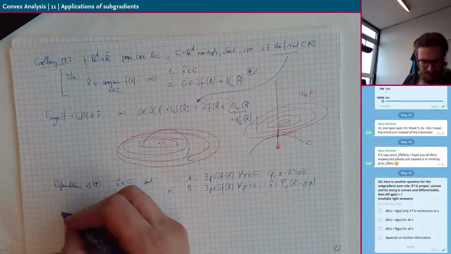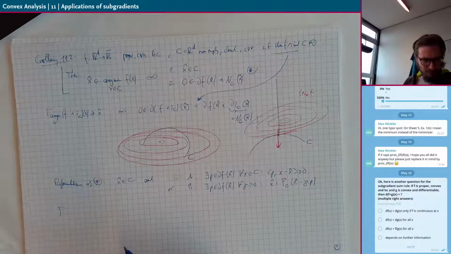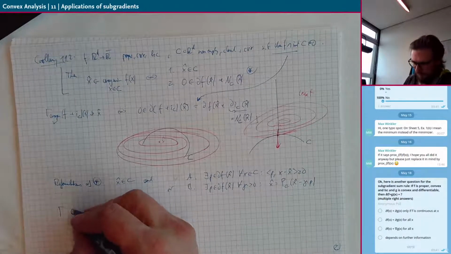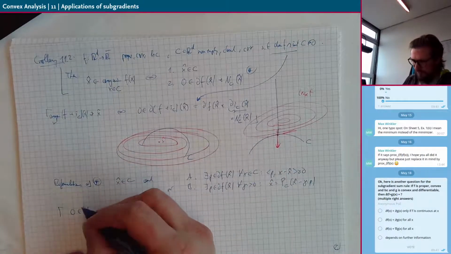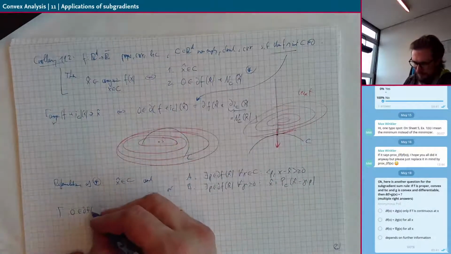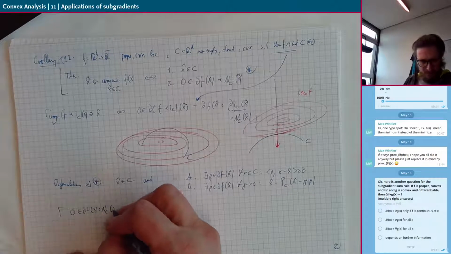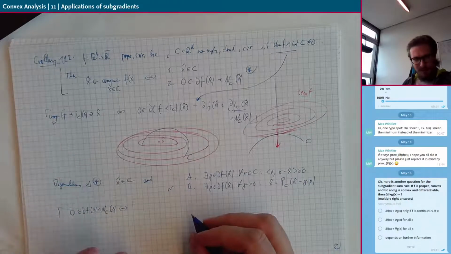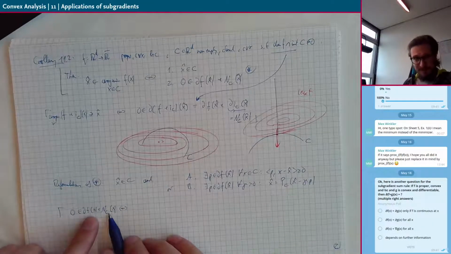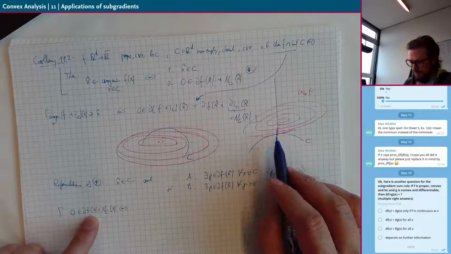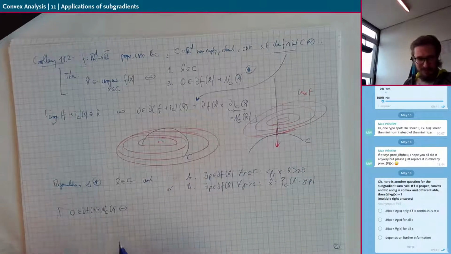So why is that? We have the condition, so of course x in C is the same, and this condition is fulfilled if and only if... So what does that mean actually? These are two sets in general. In this picture this was a set and this is just a single vector, but it can be two sets in general.